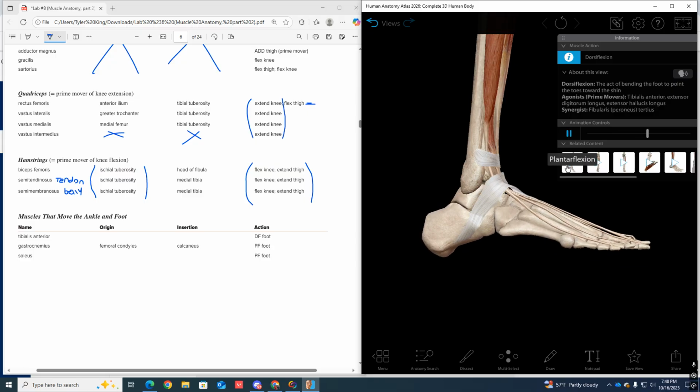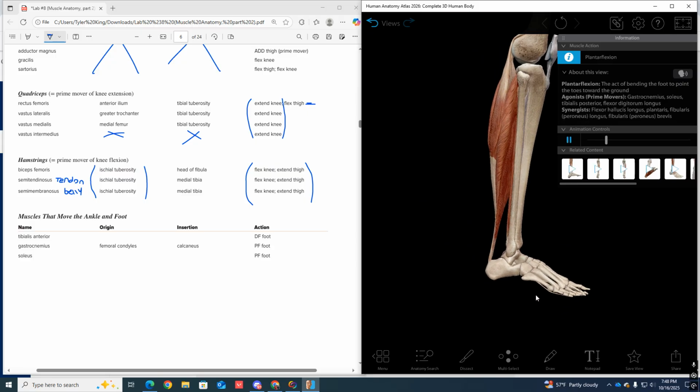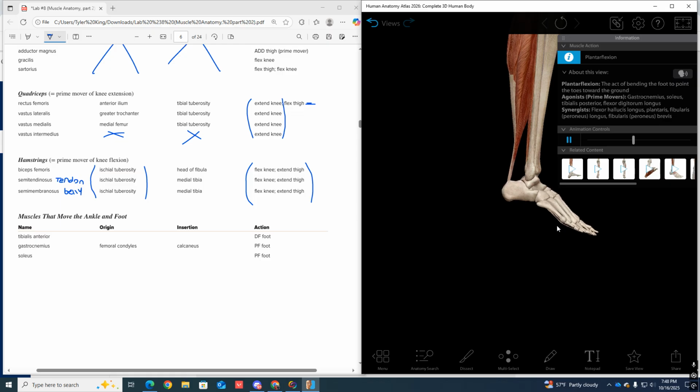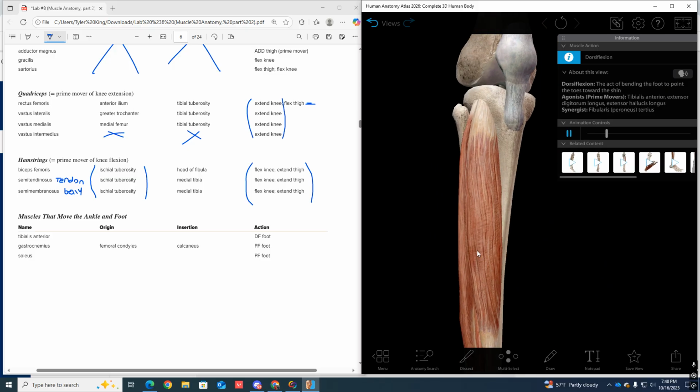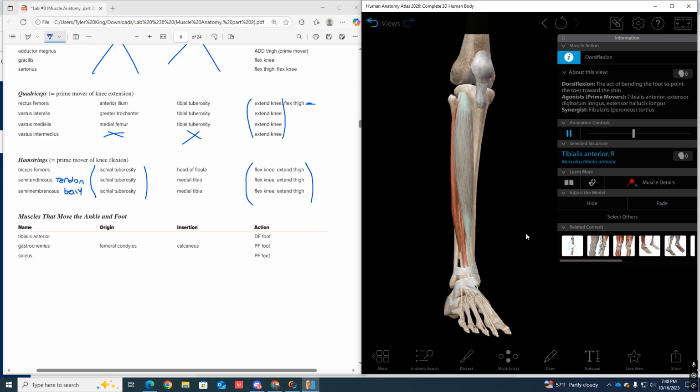Plantar flexion is when we are pushing on the gas pedal. So we're moving the plantar aspect of the foot down towards the ground. So like I said, we're pushing on the gas pedal. So we're pointing our toes. So that's the difference between dorsi and plantar flexion. So the tibialis anterior is responsible for dorsiflexion here. So let's highlight it, zoom out.